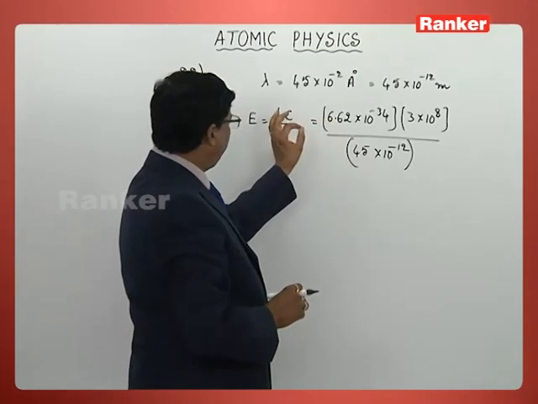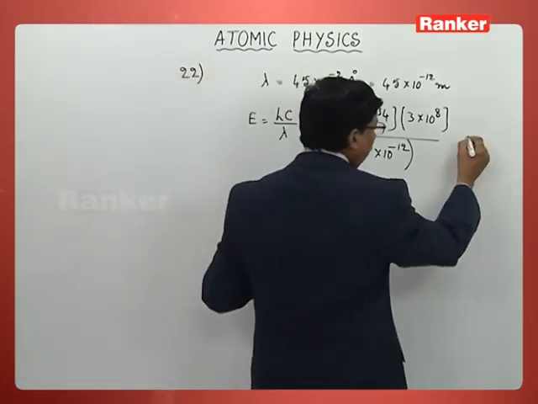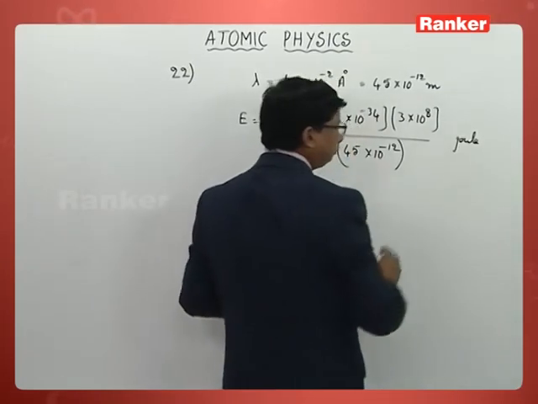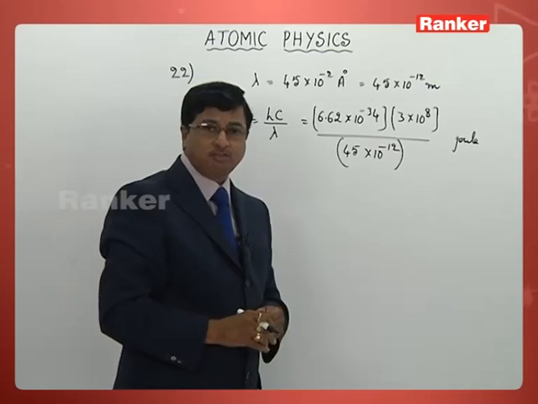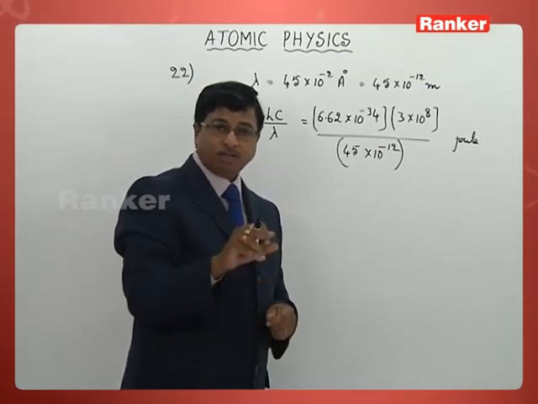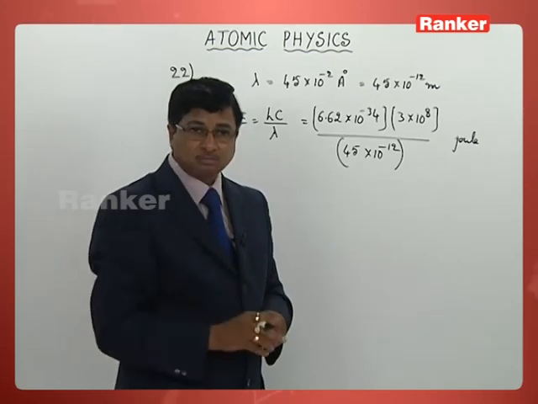But whatever the value you get, that will be in joule. But he is not asking you the answer in joule. He is asking you the answer to be in electron volt.